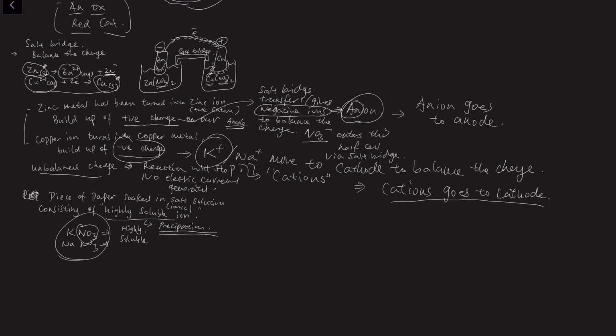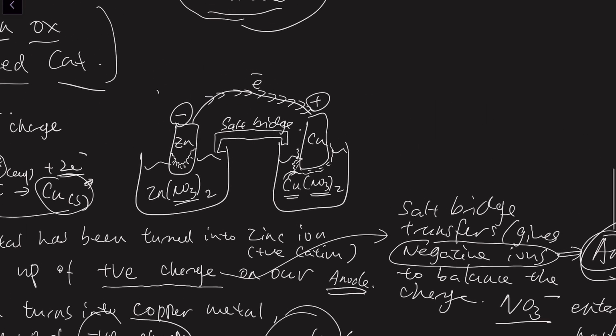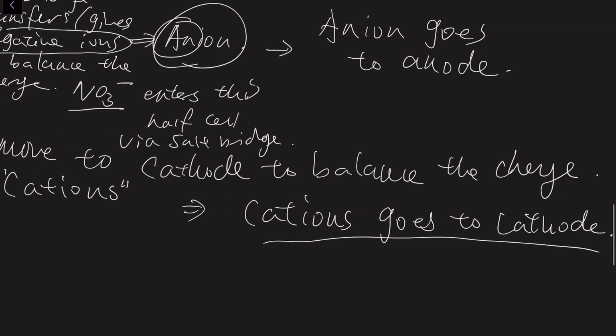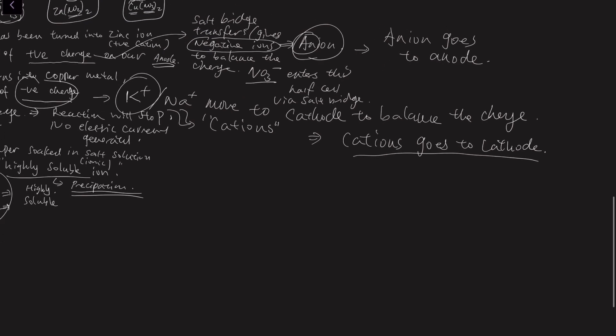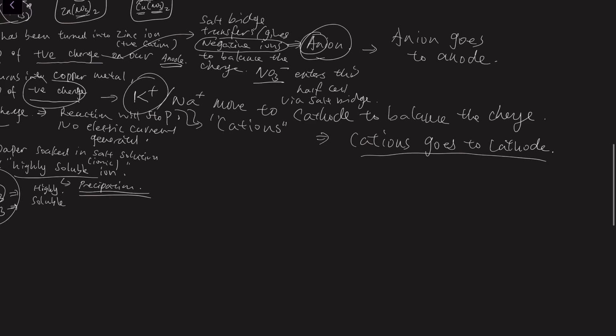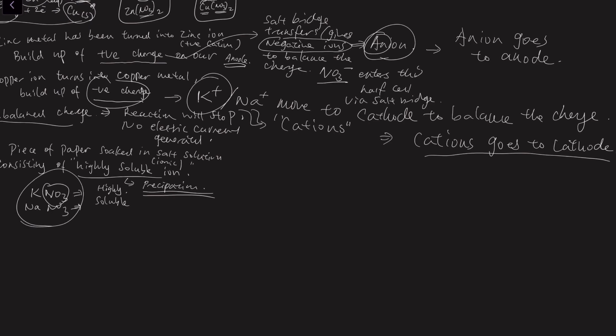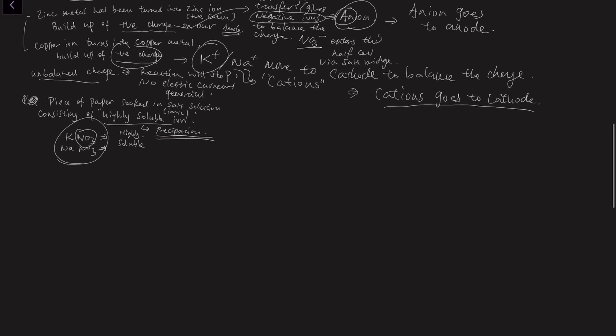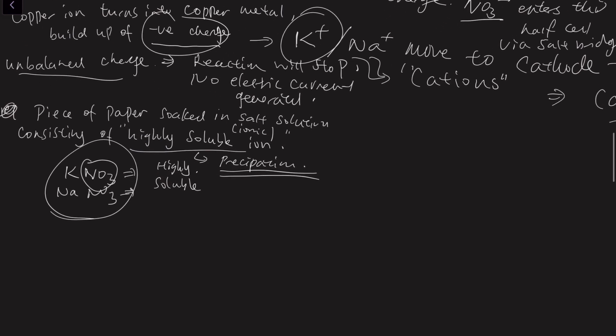So that's why we have the names anode and cathode. And this is the purpose of the salt bridge.